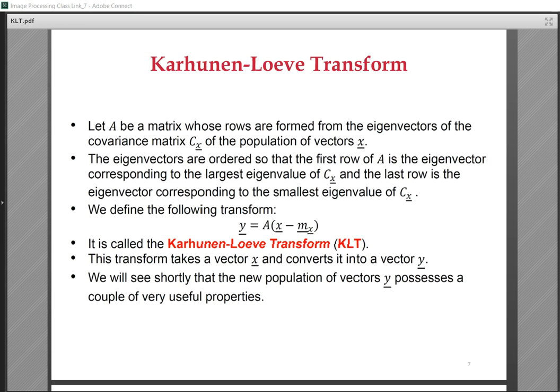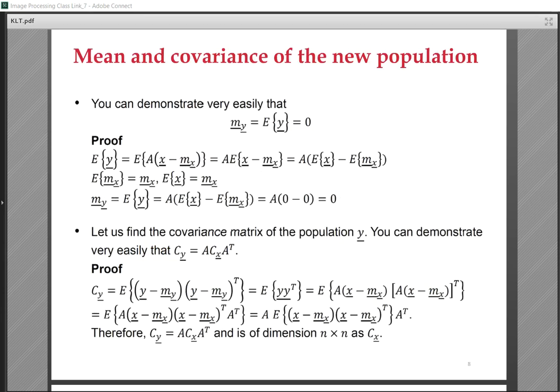We see that y is much better than x in some situations. We will see shortly that the new population of vectors y possesses a couple of very useful properties. That means the y space is better than the x space, and is very good for compaction and for comparison, using KLT.